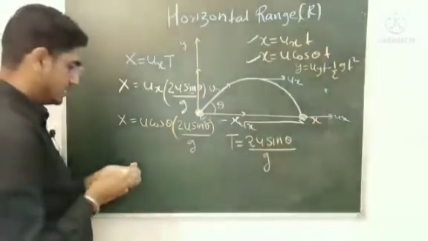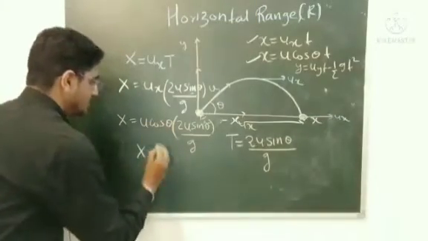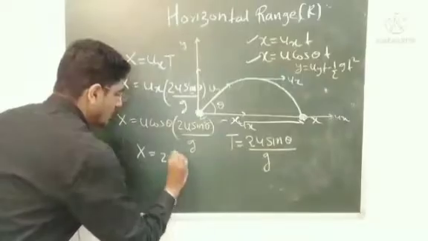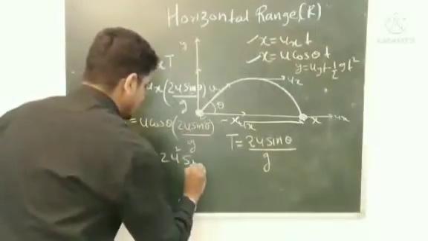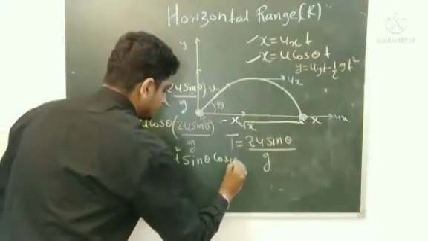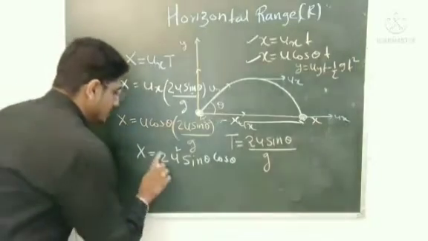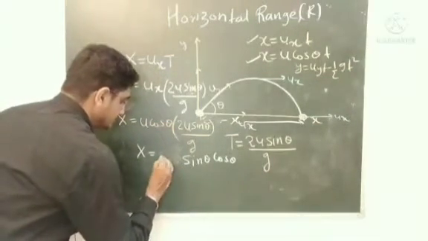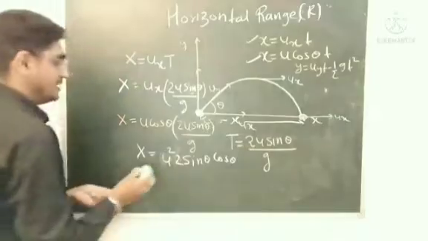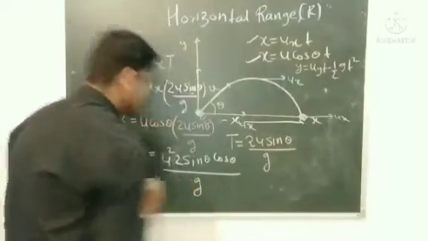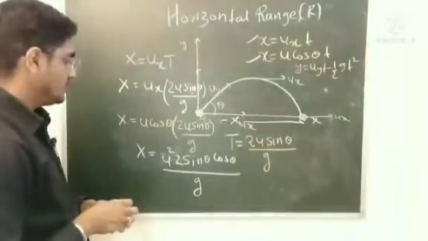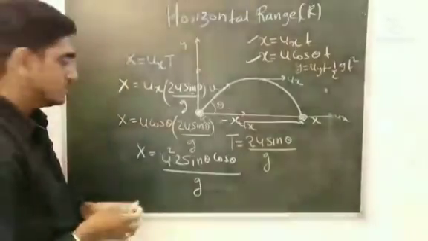We can solve it further. So x equal to how much? It is 2, u into u is u square, and sin theta into cos theta. So we can also write this as u square 2 sin theta cos theta by g.